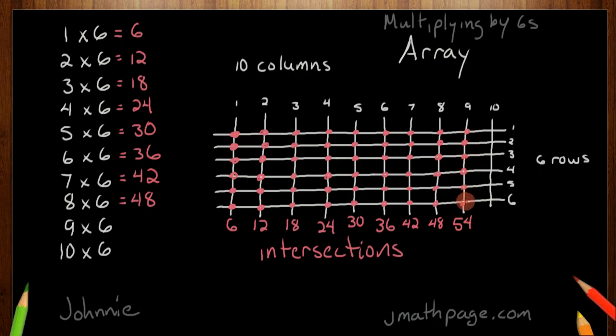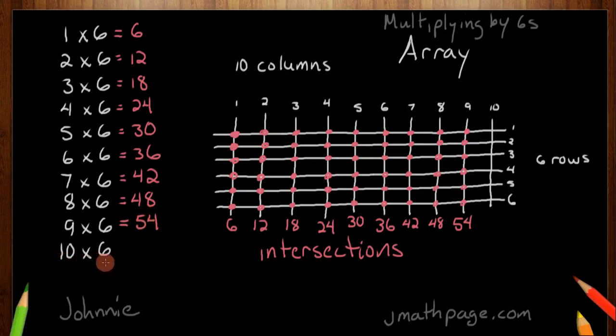So with 9 columns and 6 rows, we end up with 54. So 9 times 6, 9 columns, 6 rows, 54 intersections.